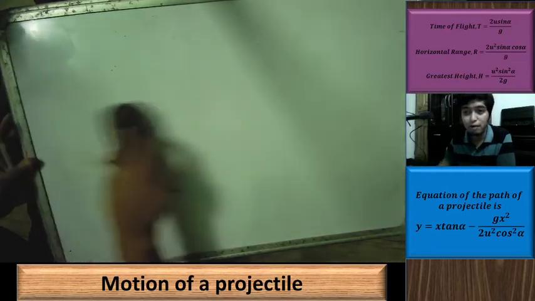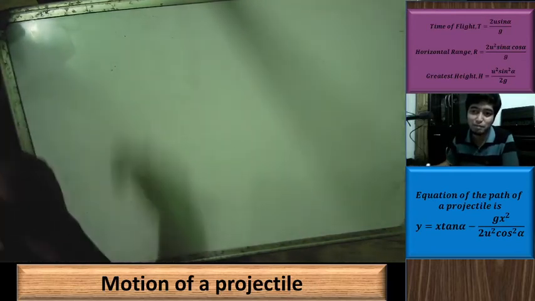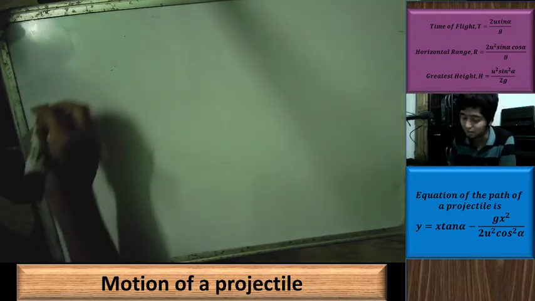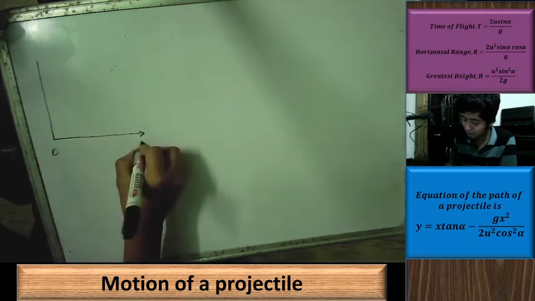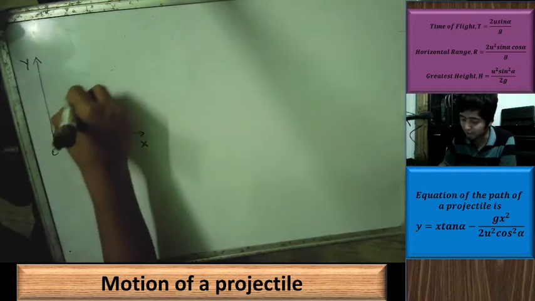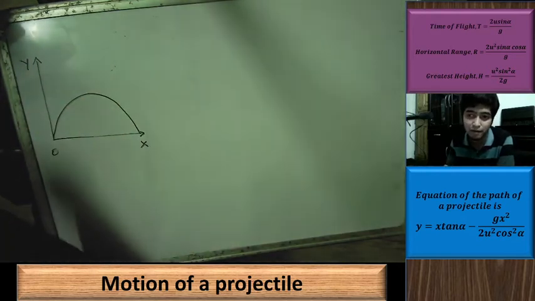So now we will derive the equation for the path of a projectile. Again, it is something that you had done in your higher secondary days. If I say derive an expression for the path of a projectile, what exactly do I want to find?